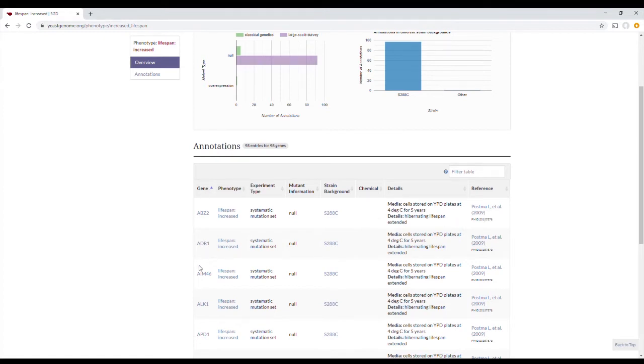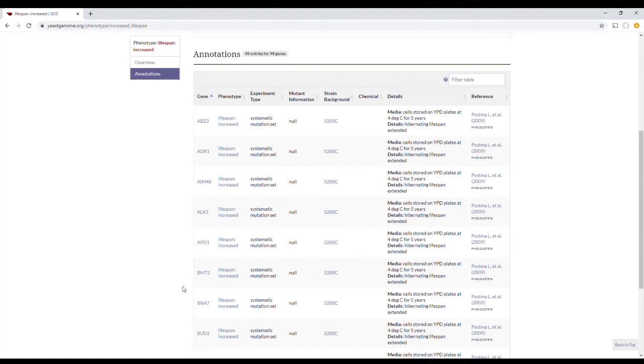So if I look at my first column, I've got ABZ2. That is my gene, and that's pretty common of yeast genes. It's a series of letters plus a number. So we've got ABZ2, ADR2, ADR1, AIM46.